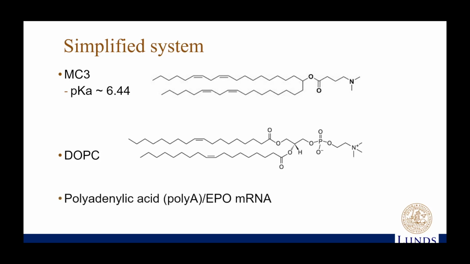Because mRNA is expensive, an mRNA model we mostly use is polyadenylic acid, or poly-A. And then for some of the experiments, we did use EPO-mRNA. And because it's an ionizable lipid, we are looking over a cell-relevant pH range of pH 6 to 8.